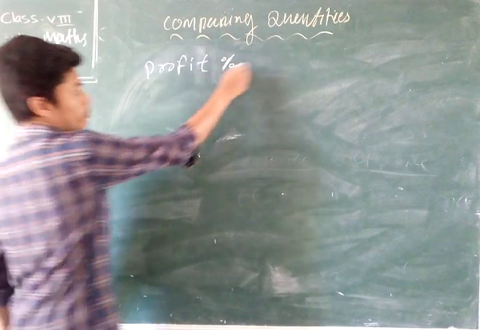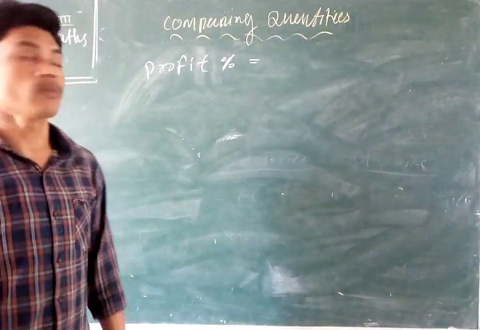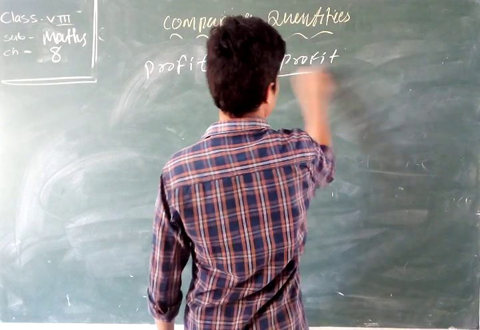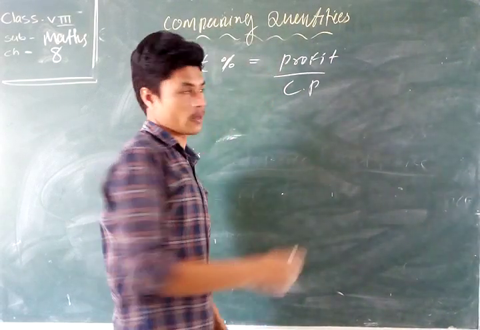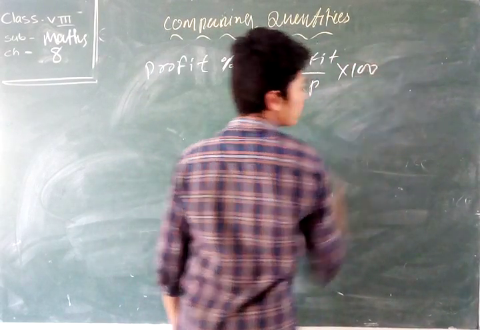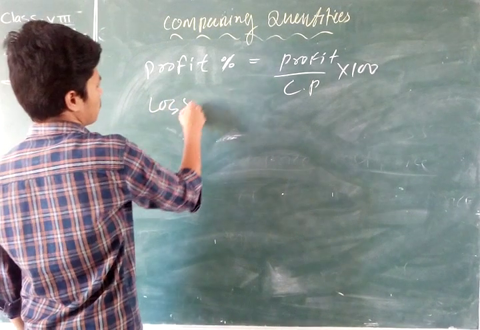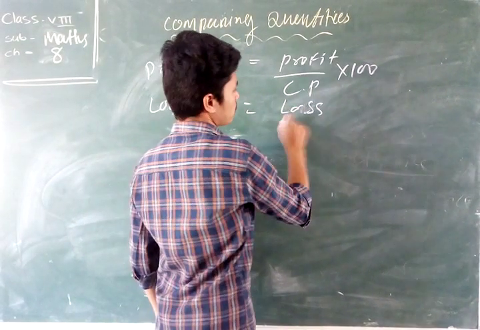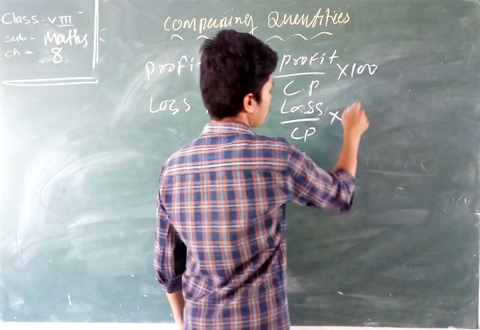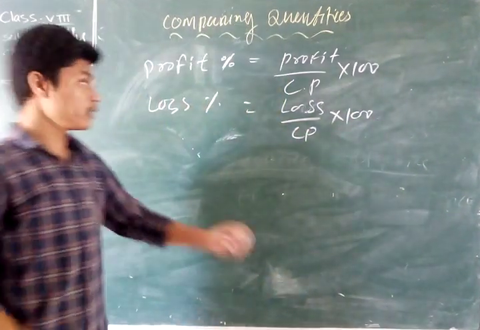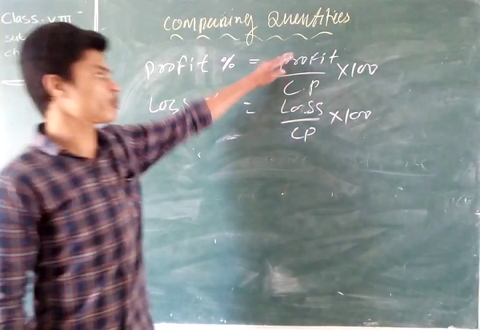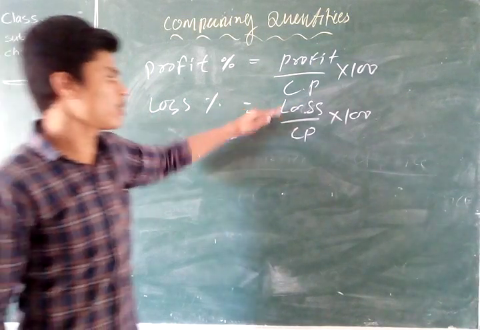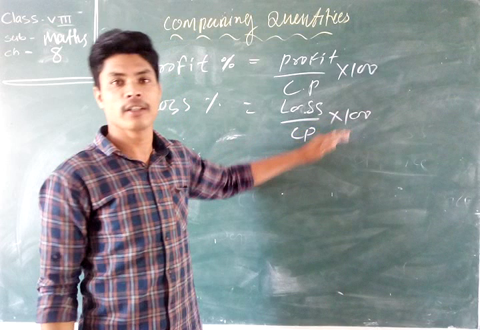The profit percentage formula is profit by CP into 100, where CP means cost price. And loss percentage means loss by CP into 100. So profit percentage is profit by CP into 100, and loss percentage is loss by CP into 100.